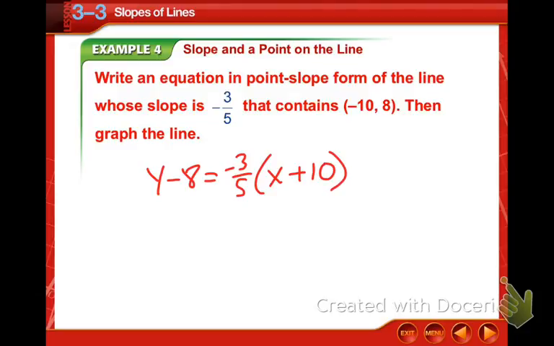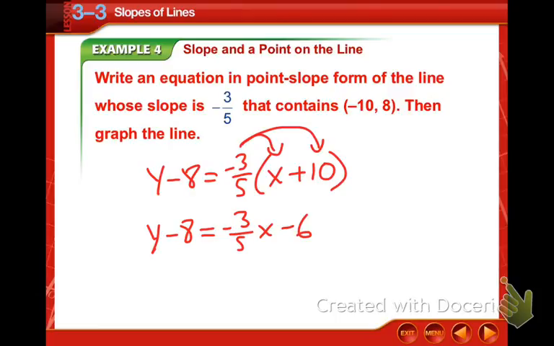So that's really all it was asking for. But if we wanted to, we can simplify this down. And I want to. So we're going to distribute the negative 3/5. Y minus 8 is equal to negative 3/5 x minus, because it's negative times a positive, 10 times 3 is 30. 30 divided by 5 is 6. Then we just add 8 to both sides.